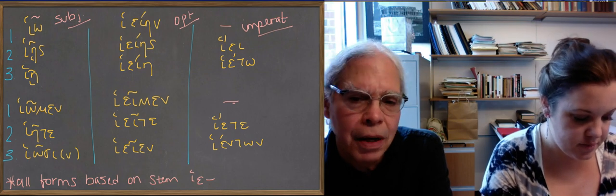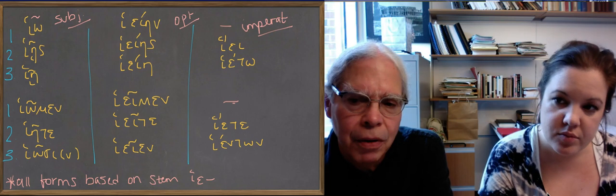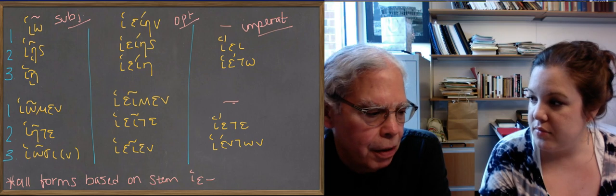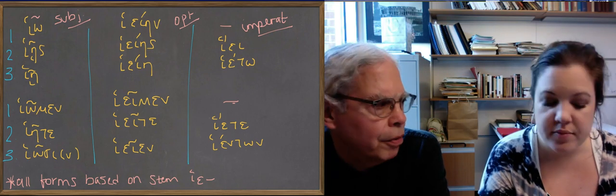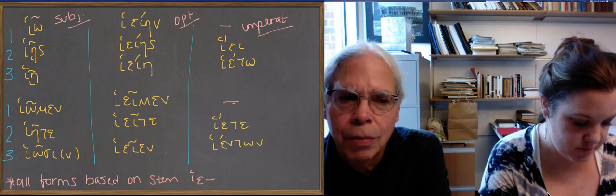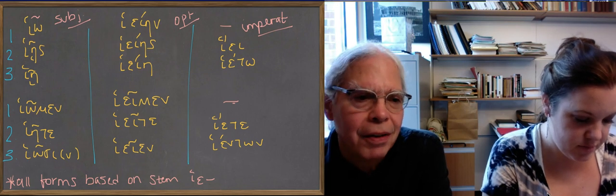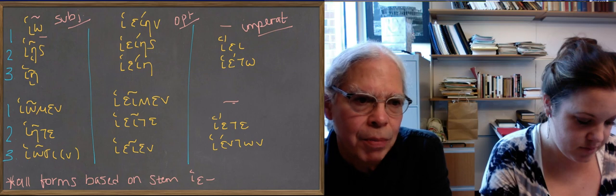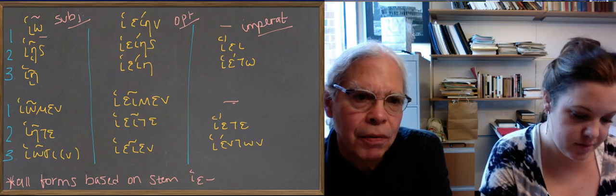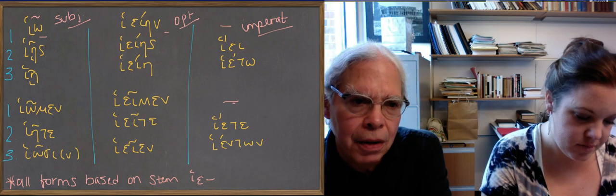Originally the e would be the accented form, the omega, the eta, and the endings would be unaccented, so you get a circumflex as a result. So hio, hies, hie, hiomen, hiete, hiosi; you should be comfortable with that. It's as though the stem is hi. And then in the optative, you have the iota-eta optative: hieien, hieies, hieie.